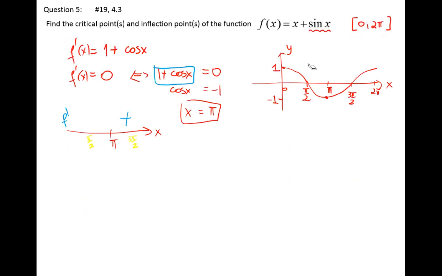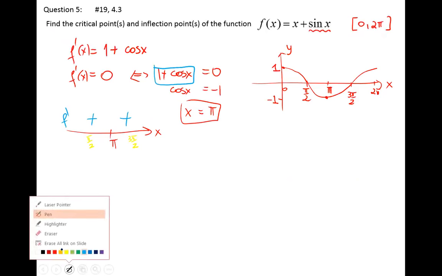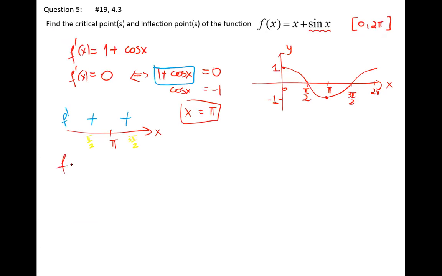Am I right? At pi over 2, cosine is 0, so 1 plus 0. We can see that with trigonometric functions, even if it's not taken to an even power, we can't assume. Since the derivative is not changing sign, we don't have local extreme values. The function is increasing and increasing.